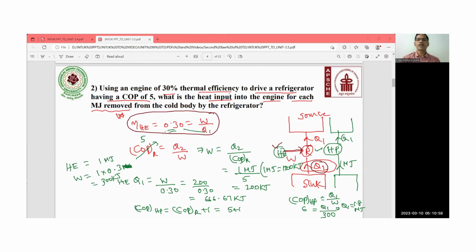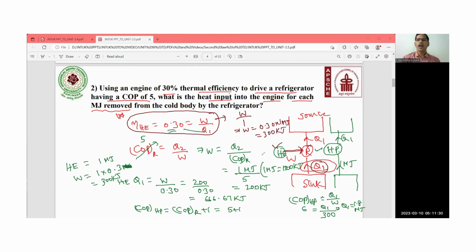Here W divided by 1 megajoule, so the work input is equal to 0.3 into 1 megajoule, that is equal to 300 kilojoule.